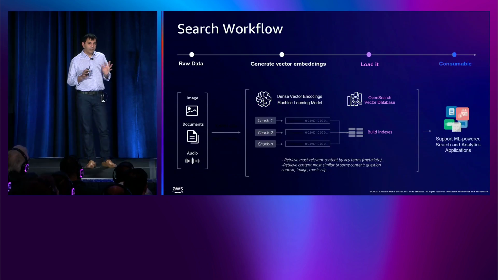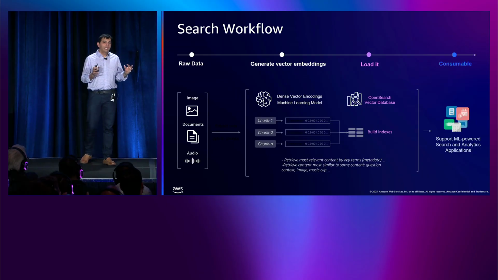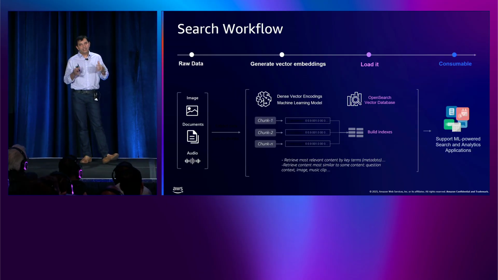So let's look at a typical search workflow these days, right? You have your data or information, images, documents. You take this and you typically index that into OpenSearch. You also use a machine learning model to generate vector embeddings, and you store those vector embeddings in OpenSearch.